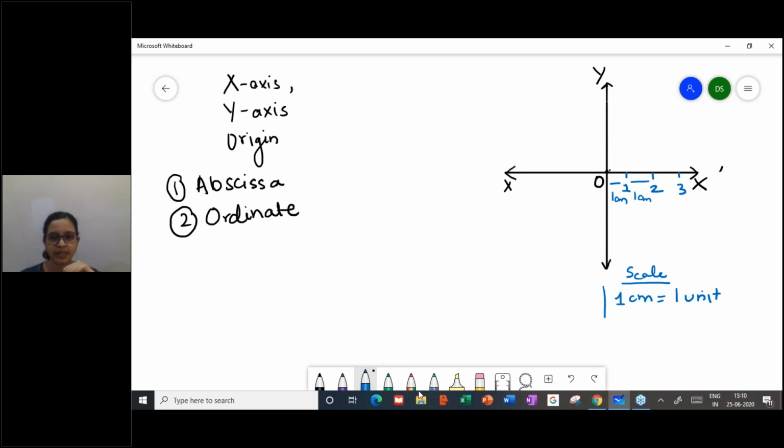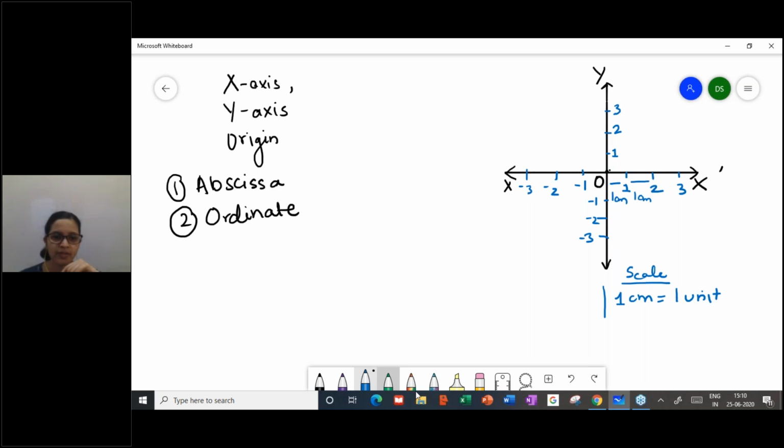Basically keep that in mind. Same I'm going to do on this side. So this side will be -1, -2, and -3, right? Same here. Here on top it's plus. Okay. So this is how you label or mark the units on the axis.